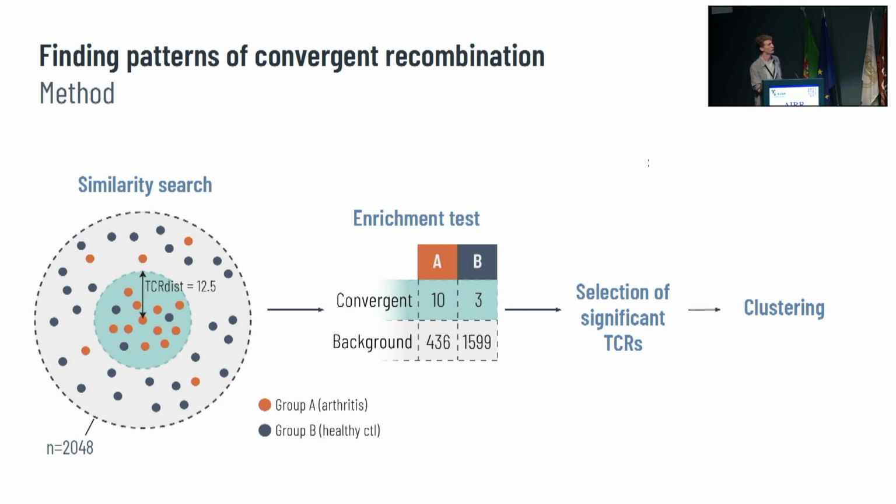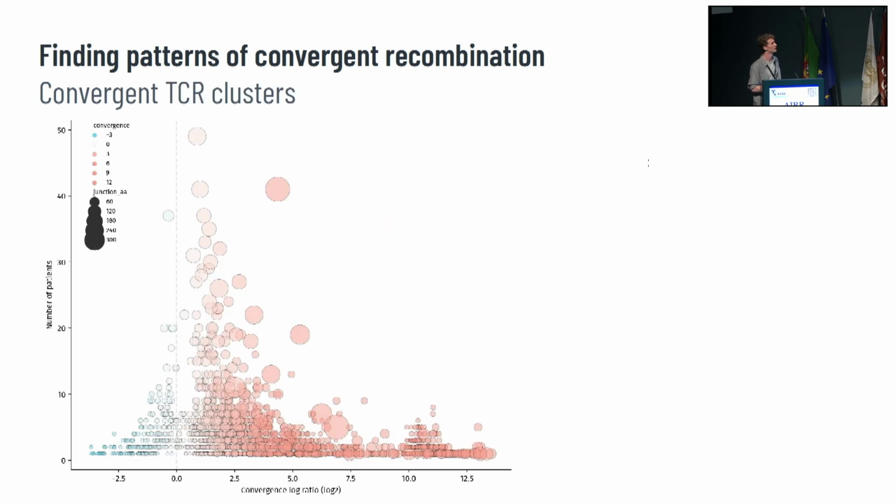These convergent groups we compare not to the full data set, but to a larger radius, large enough to move away from epitope specificity but still looking at a smaller subset, and in that way remove the bias that is present across repertoires. We tested the enrichment for every TCR available in the database and selected the ones that are significant. Of course, if one is significant, the one next to it will probably also be significant, so you can do clustering and find these dense clusters of convergent TCRs across autoimmune arthritis.